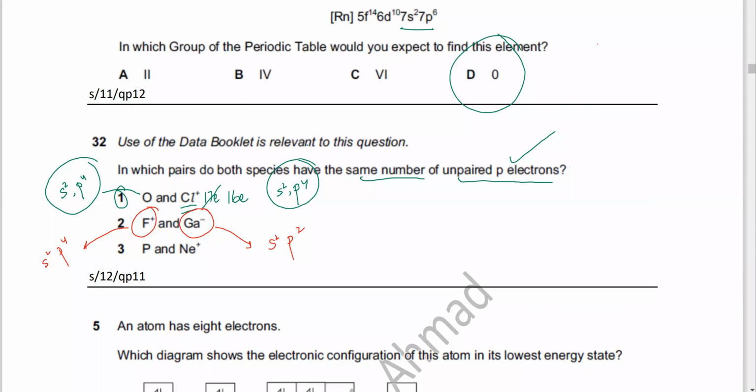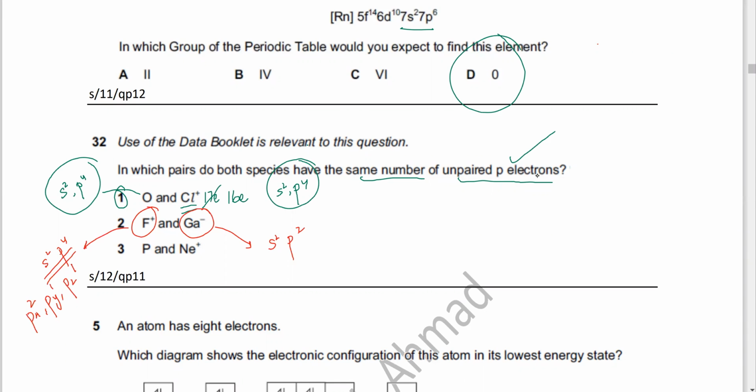Now these two have different electronic configurations, but you have to be careful. Do they have the same number of unpaired p electrons or not? This is p4. So I'm going to write the electronic configuration of p4. The p subshell would have px, py, pz, 4 electrons. How would you fill 4 electrons? First, 1 electron in each of them, and then one of them would have 2 electrons.